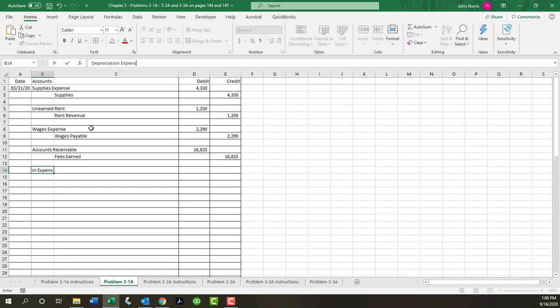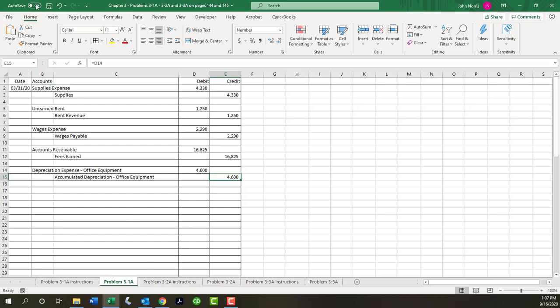Depreciation expense, office equipment, and this contra asset account, accumulated depreciation for office equipment, $4,600. And that is the entries for problem 1.